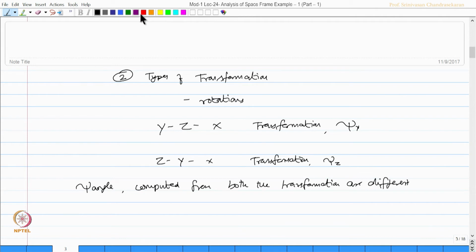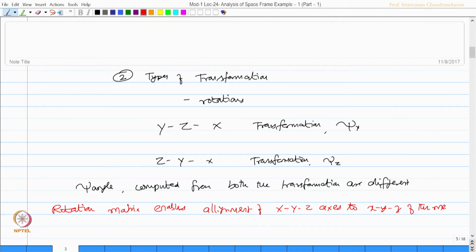So, obviously, the rotation process enables alignment of the x y z axes to the x y z axes of the member. That is what we are trying to do.